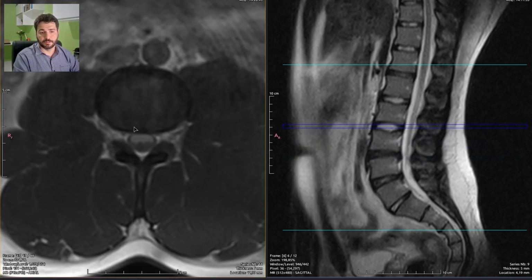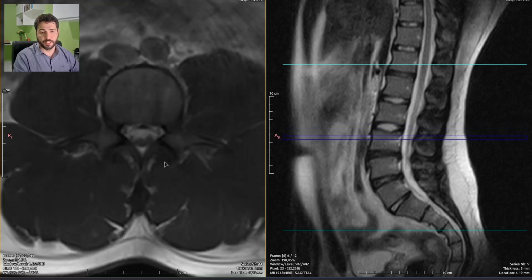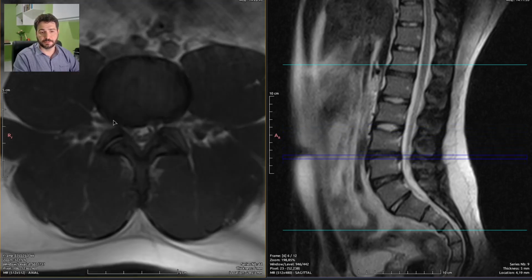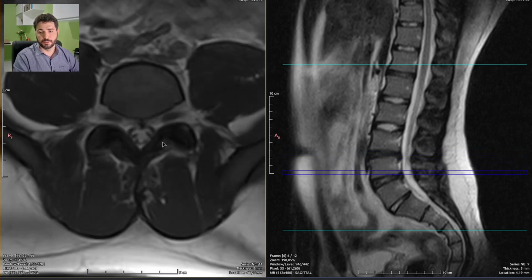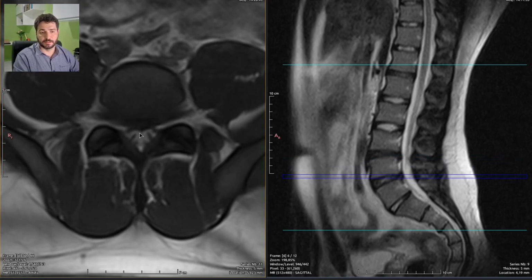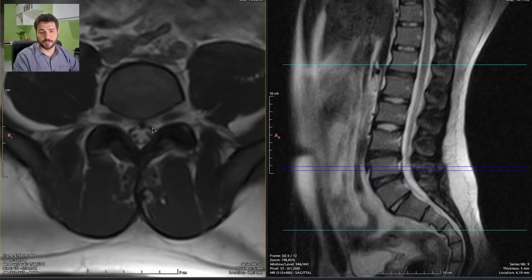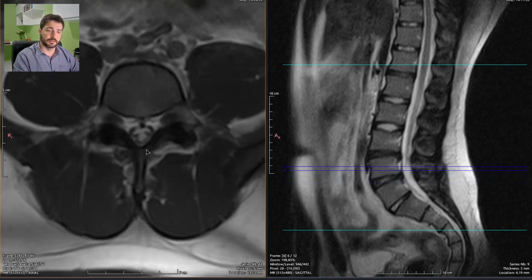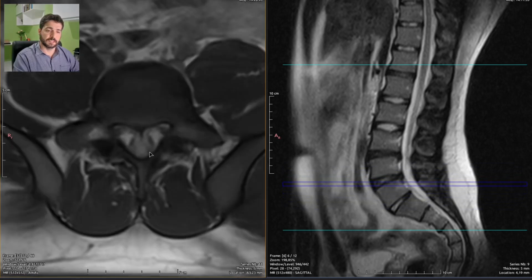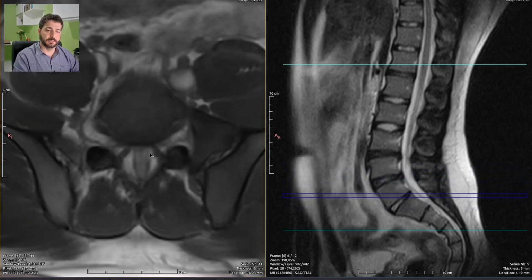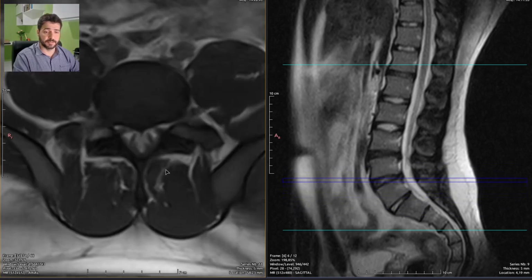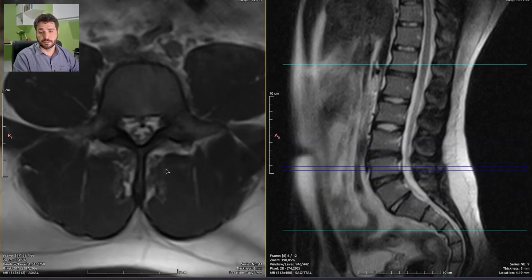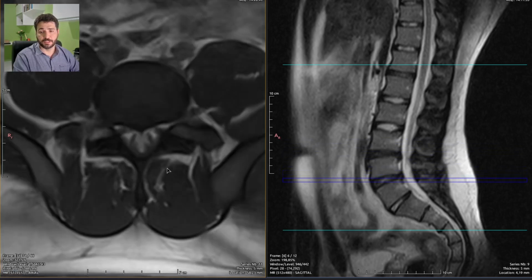This is a normal disc on a sagittal view and on an axial view, and this is an extruded disc, extruded and extruded, a bulging disc. So also here, not so easy to see because of the angulation of the segment and the very bad technique and use of this poor scanner.